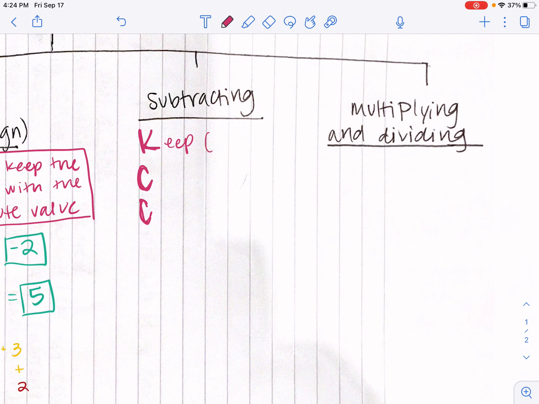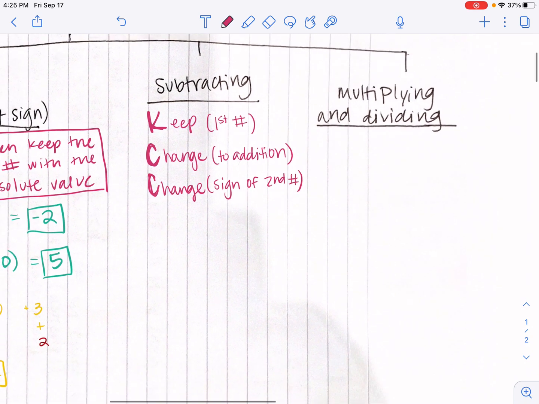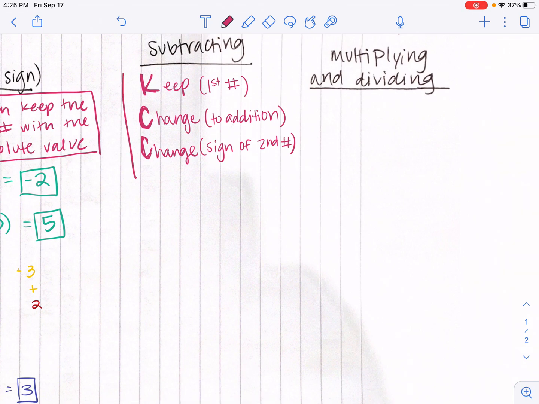Keep the first number, change to addition, and then change the sign of the second number. Change the sign of the second number. And then that's your rule, so draw a little box around it.